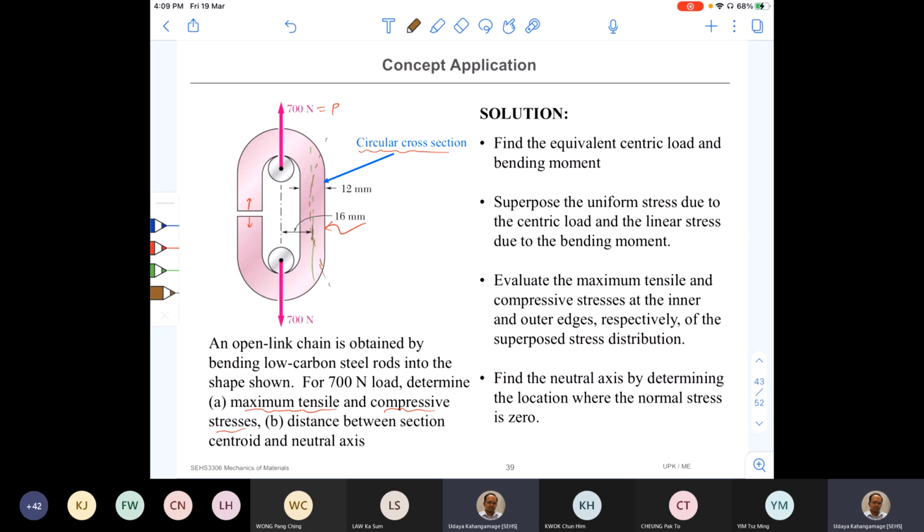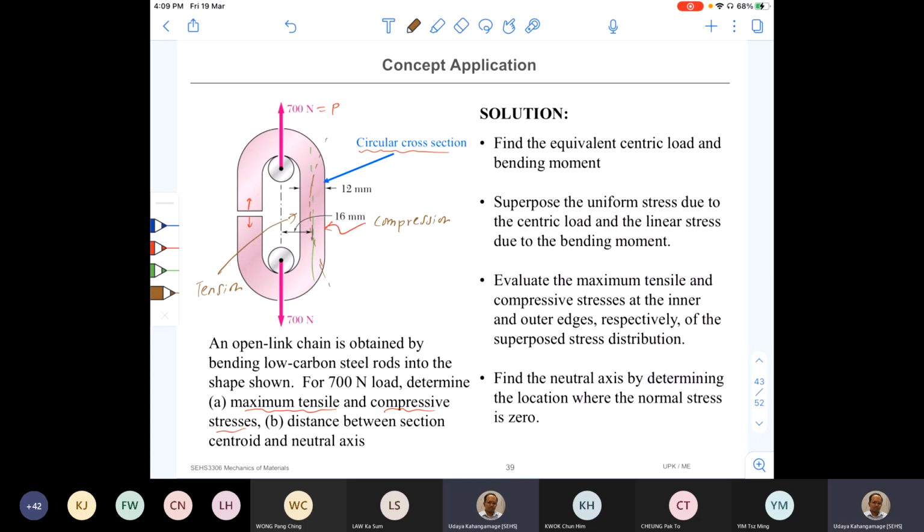Therefore, the outside is under compression. It's okay to make mistakes, then you learn it. So this side is now under tension. So we need to find out the maximum stresses on the outside and the inside. So those are the maximum tensile and compressive stresses.